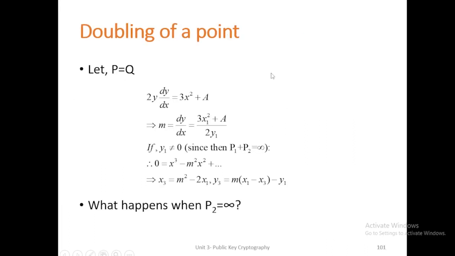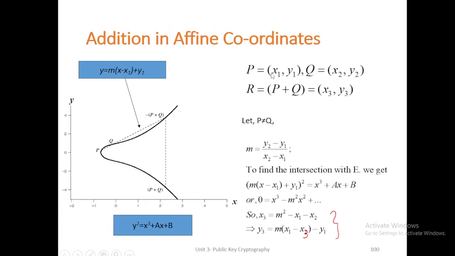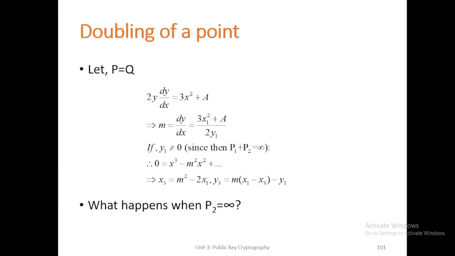Let us take P points are (x1, y1) and Q points are (x2, y2). So after substituting those values, we may be able to find x3. For y3 calculation, the formula is m into (x1 minus x3) minus y1. So by using these calculations, we may be able to find the third point R, which is equal to the sum P plus Q. The new point is treated as (x3, y3).